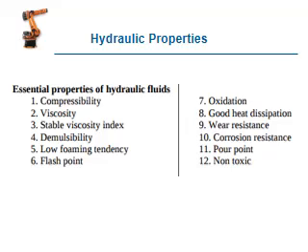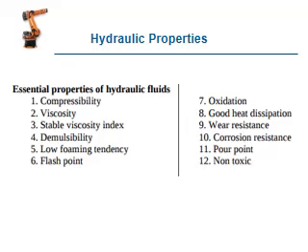Now, hydraulic properties. If you are going to use oil in an application, this is a very important thing. Each and every oil should have some properties. Now we are going to see the hydraulic oil properties.